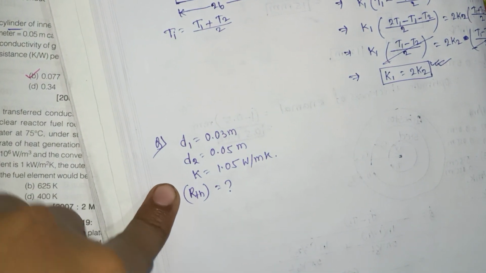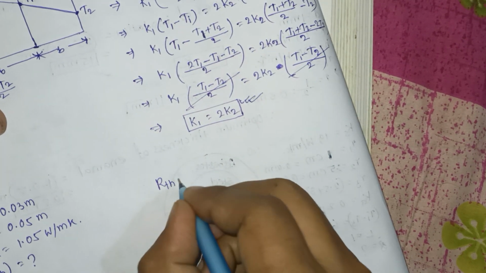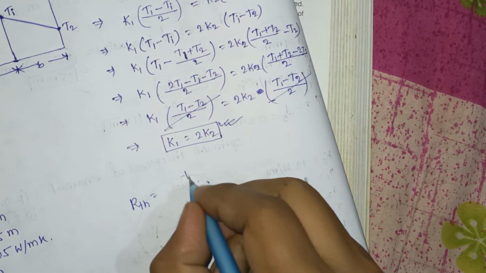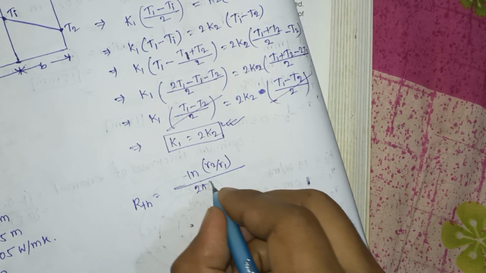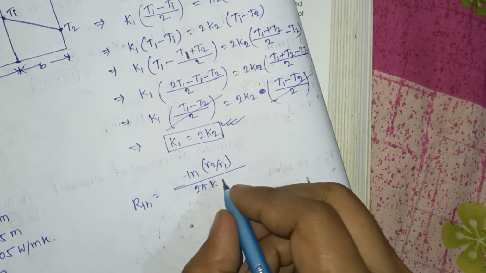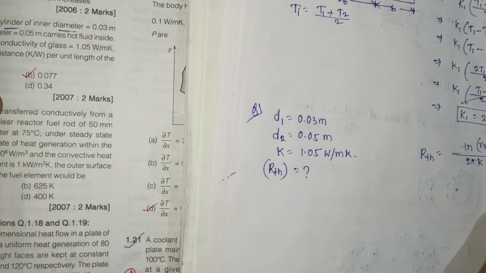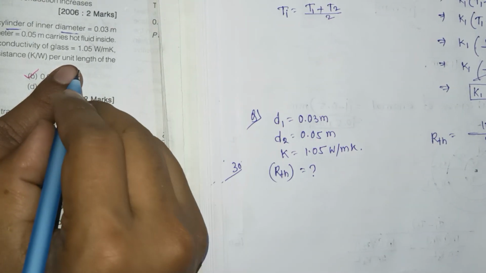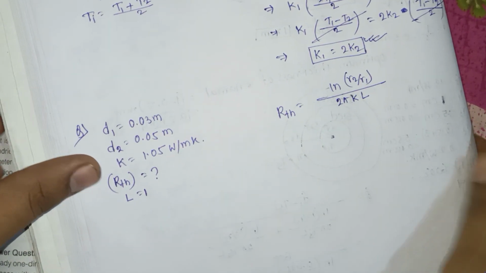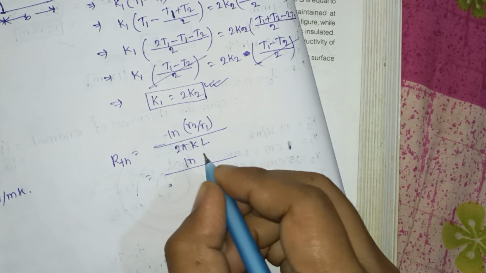For a cylinder, the thermal resistance formula is RTH equal to ln R2 by R1 divided by 2 pi K L. Okay, K is given, and per unit length means here L is 1. So what is the value of RTH? That is ln R2 by R1.